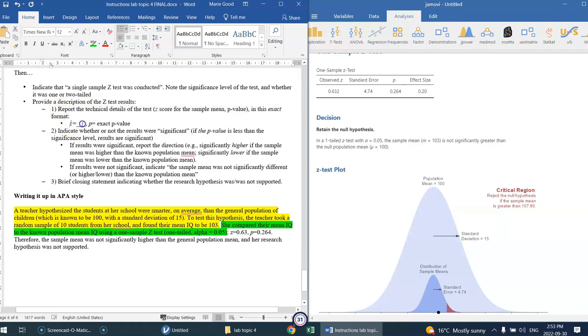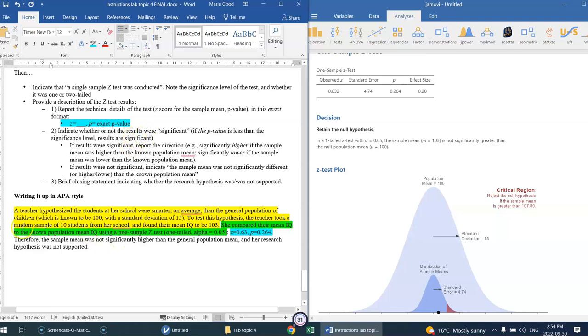So this is where you report the Z score that you get in this little table here and the Z score's exact p-value. Okay, so that's that part there. And it's important that you put it in this order, Z first and then the p-value.